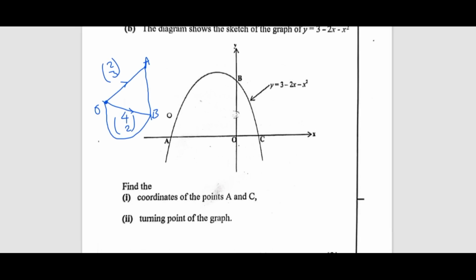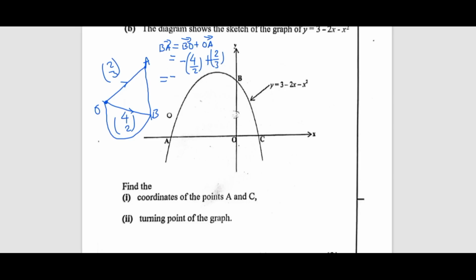BA is equal to BO plus OA. BO is negative, since we are going against the arrow, negative (4, 2), plus OA, which is just (2, 3).